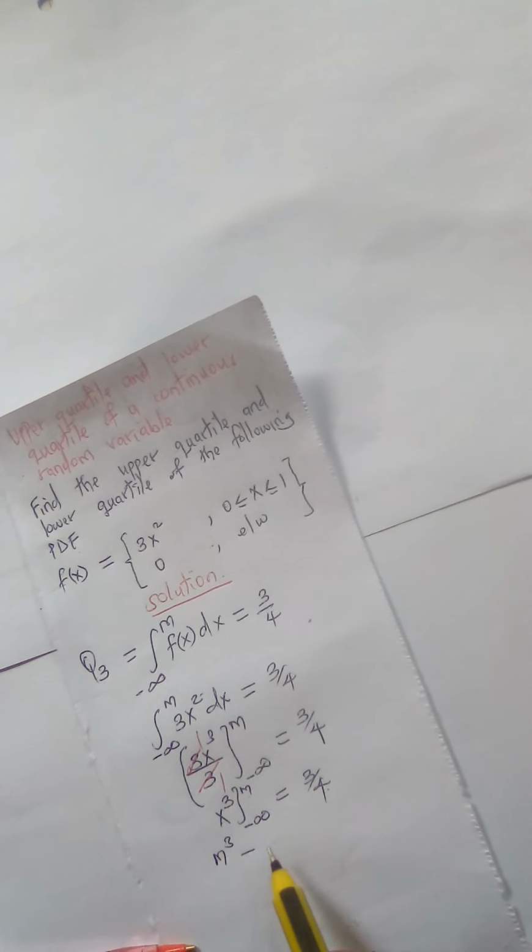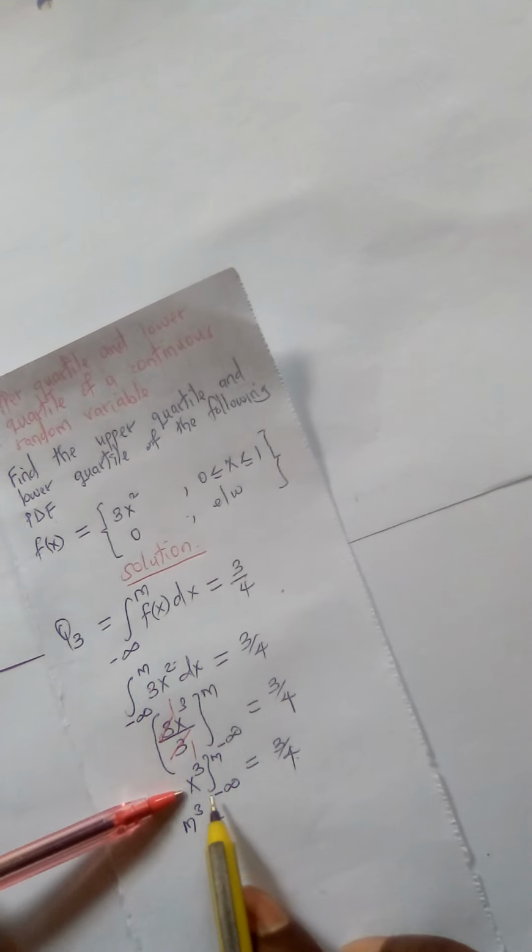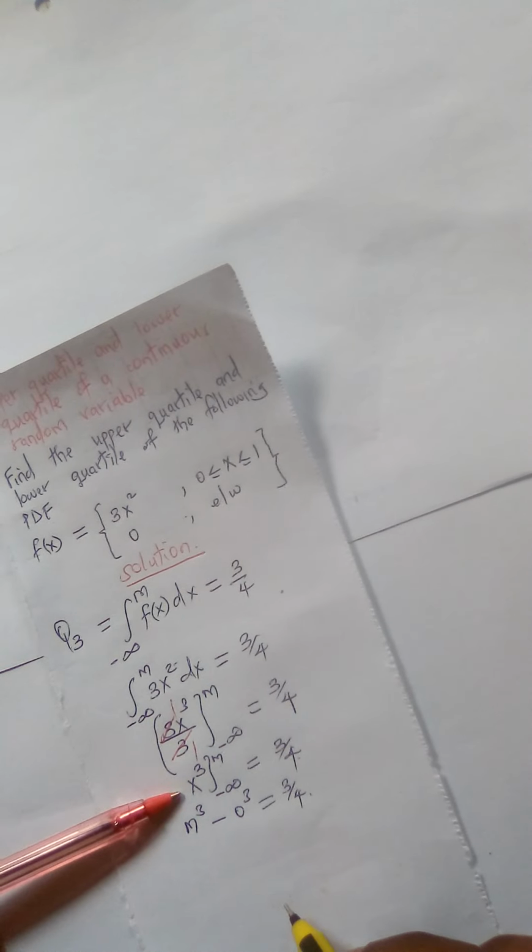When you do such, of course, you shall end up having m cubed minus, I told you earlier that this negative infinity can also be framed as a 0 because they are the same. So we shall just substitute x with a 0, so that is 0 cubed, being equal to 3/4 there.